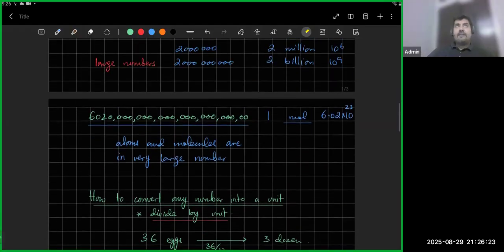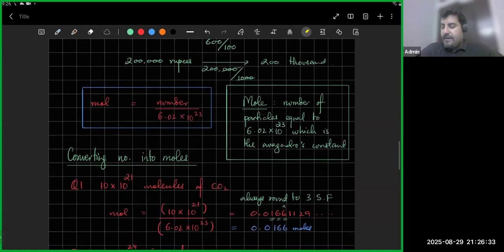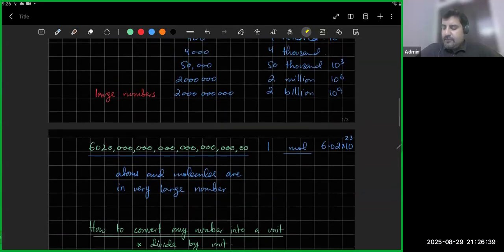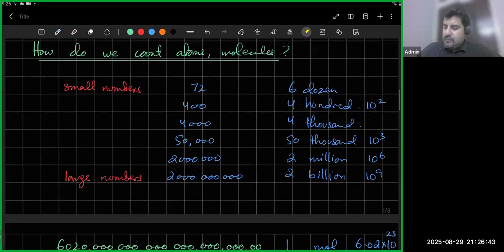And remember this, okay, from now on, all counting would be done in moles. You're going to have 2 moles of atoms, 3 moles of atoms, 20 moles of atoms. No one would use the actual number. In the real world, maybe no one uses the actual number. Okay? They always convert the number into a particular unit; nobody goes around saying 2000 and so on. You never hear someone saying that, right?